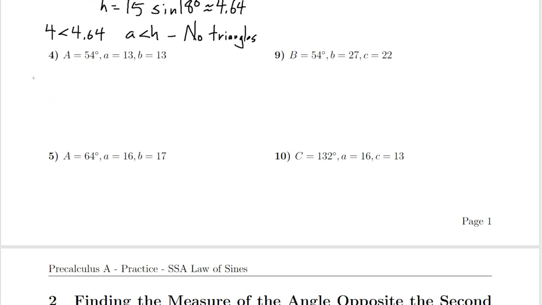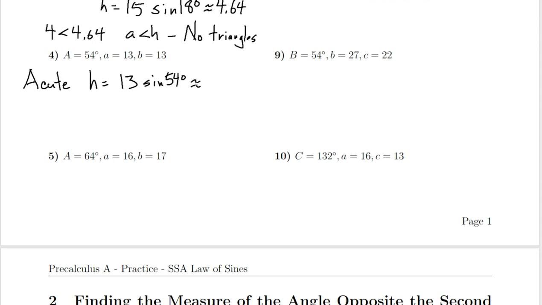Okay, for number 4, we're in the acute situation. And again, if we want to follow the same procedure each time, and I recommend that you do, we're going to figure out here that H is going to be equal to 13 sine of 54 degrees.